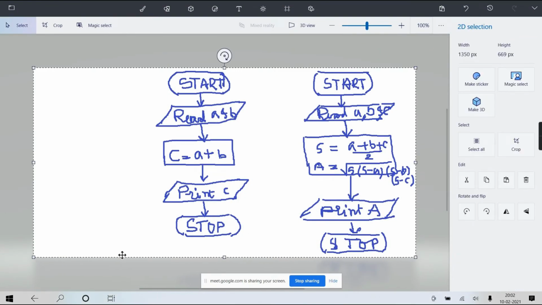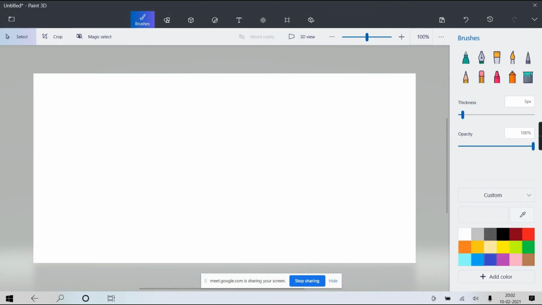At least the examples which I took yesterday, at least those you convert in flowchart, and then I'll give you some practice questions also. Don't worry, I'll send you some PDF in which there will be some practice questions. Whenever you get time, you can solve. Okay. Now for time being, I'll delete this.